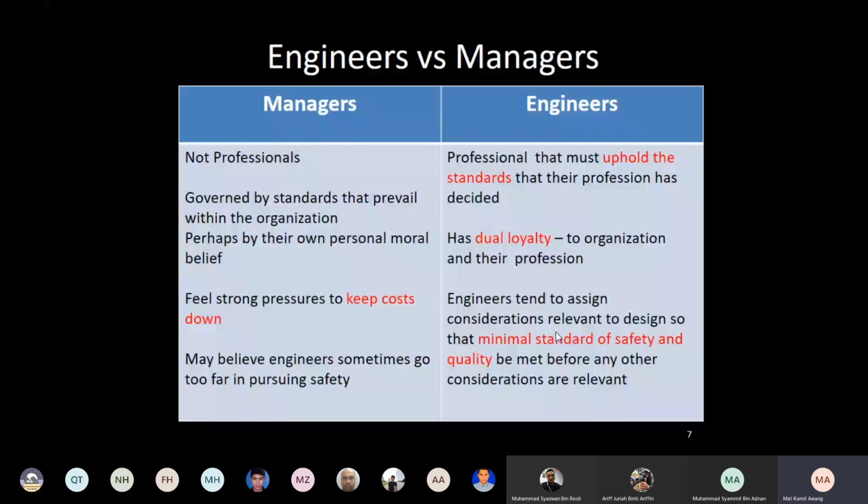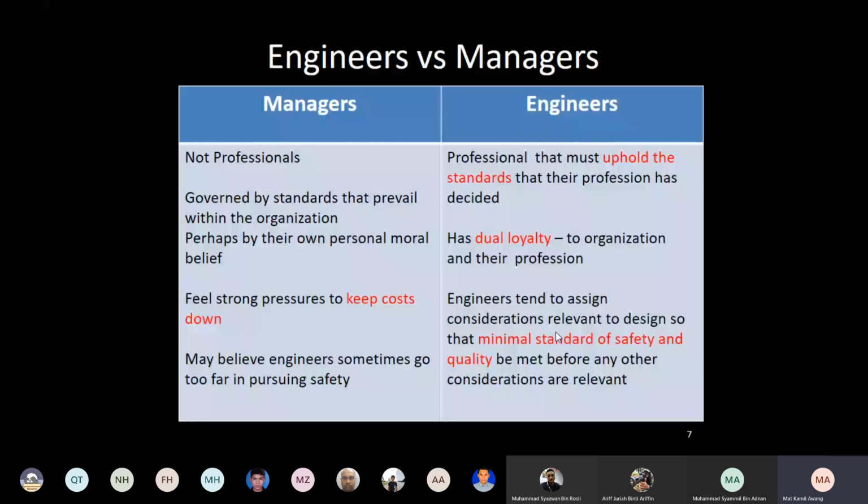But the engineers tend to assign consideration relevant to design so that a minimal standard of safety and quality is met before any other conditions are relevant. So the engineers are looking at the safety of the product that they design. They need to meet the minimum standard of safety and quality of the product before the consideration of money, for example, is taken into account.